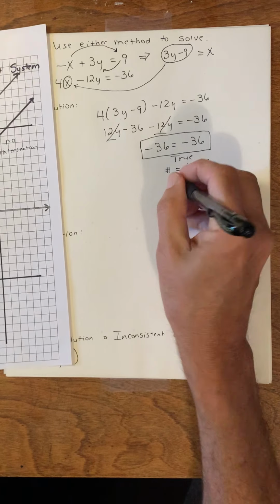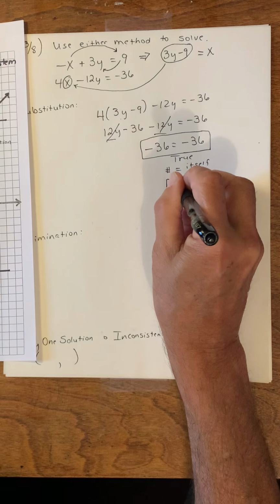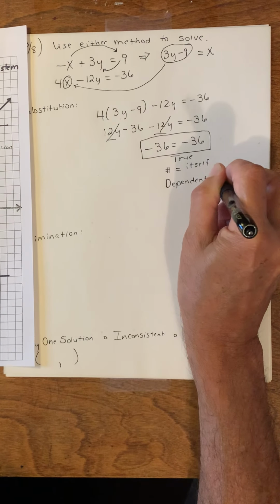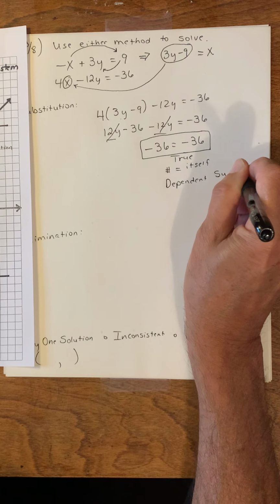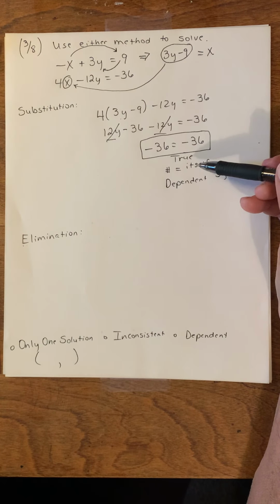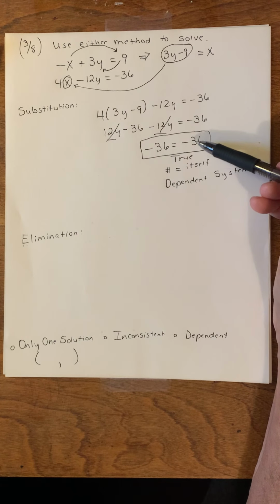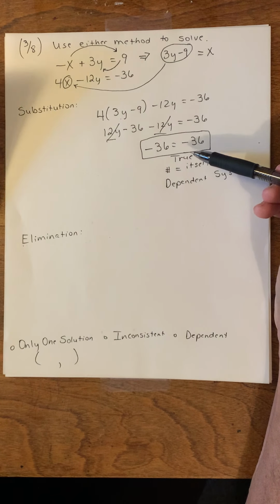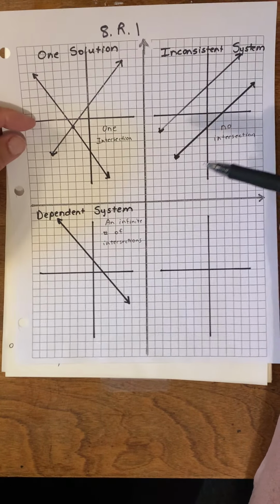This is a dependent system. Hey, the lines overlap. If I get a number equal itself, an absolutely true statement, that means there are an infinite number of solutions.